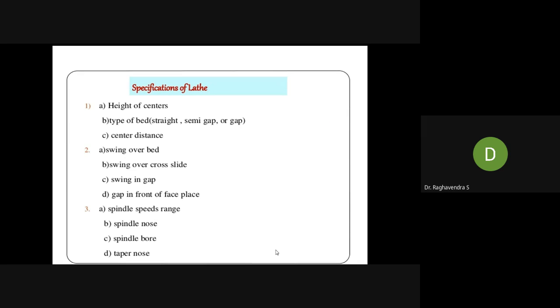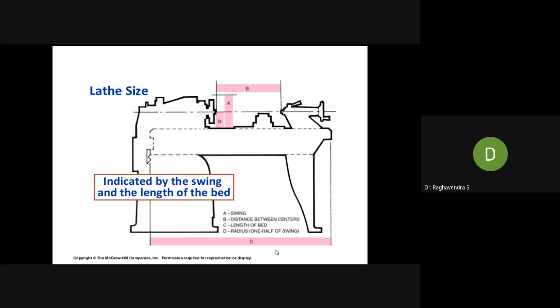What is specification? When you purchase a mobile phone, for example, you talk about the RAM, camera megapixels, and screen display size. Similarly for a lathe, you need to mention the height of the lathe, swing over the bed, spindle speed range when purchasing. What exactly is A? The swing, the maximum diameter of material the lathe can hold.